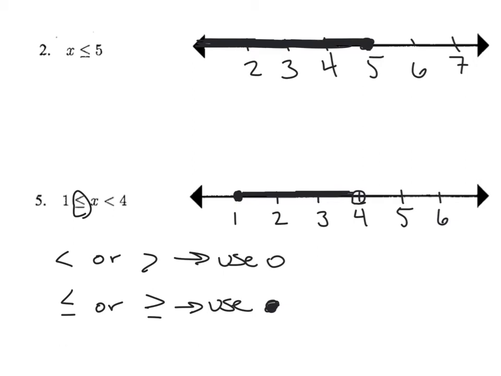Something to make note of before we go on to the next question is that in an example like this, where you have x following two different rules, it is both greater than or equal to 1 and less than 4. In this case, we need to keep in mind that this is an and situation, right? We have two different rules for x, where x is in between these two different numbers.